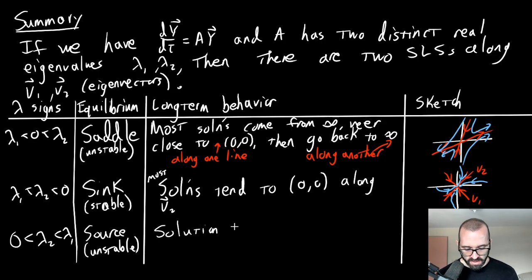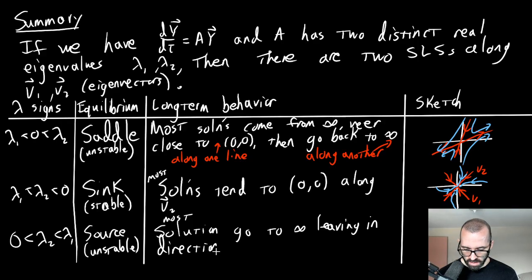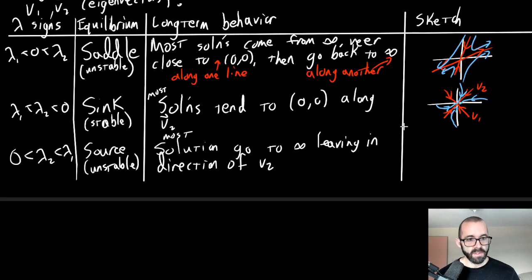Most solutions go to infinity. Again, except if you're at an equilibrium. If you're at the equilibrium, you don't go to infinity. And then you're leaving in the direction of V2. So I'll scroll down so you can actually see.